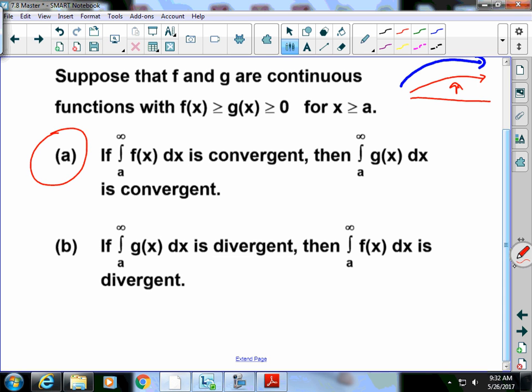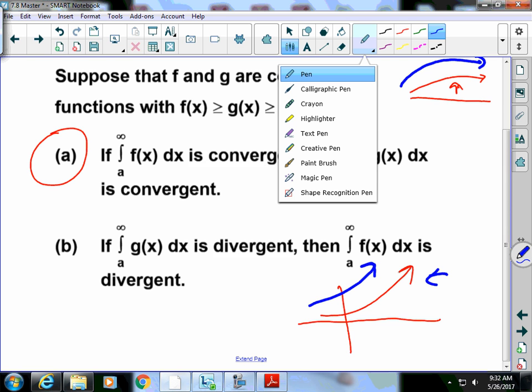But now it says if the integral of g of x dx is divergent, then the integral of f of x is divergent. Again, if the smaller one is divergent, so this is my smaller one, I don't know anything about f of x. Well, the problem is this one's divergent. I'm always going to be larger than the one that's diverging in red.